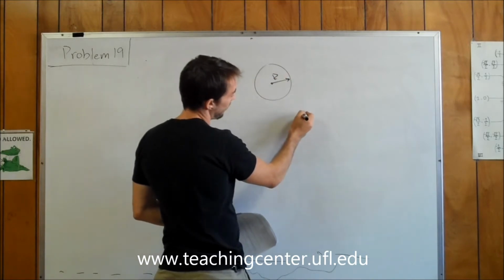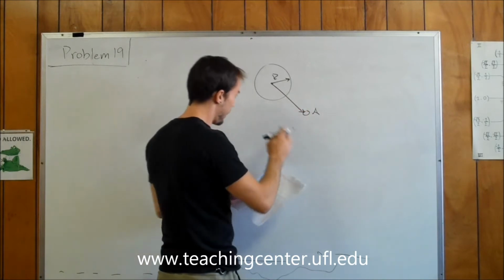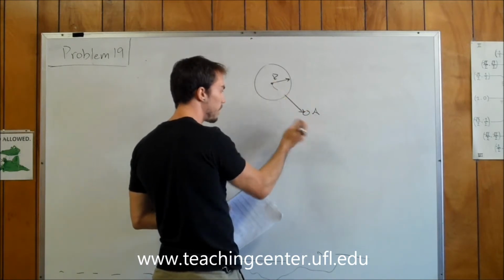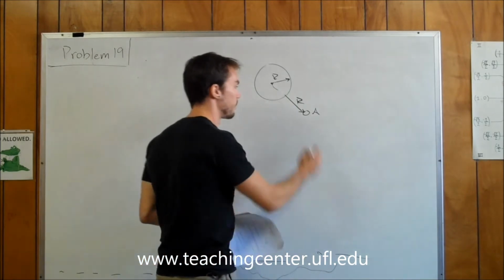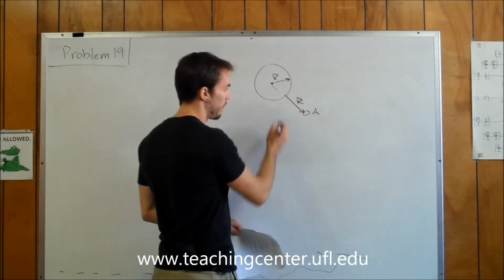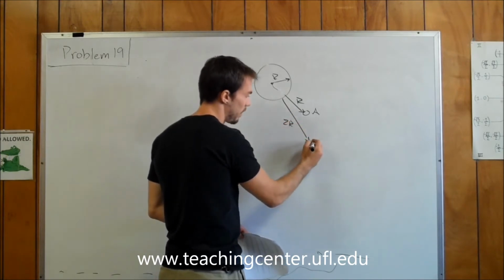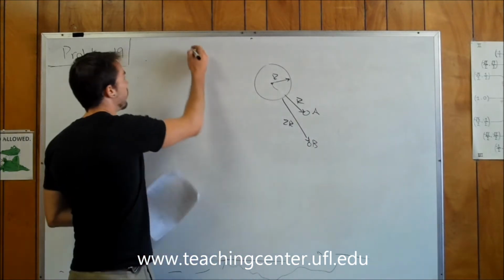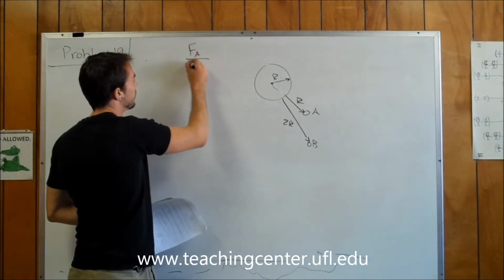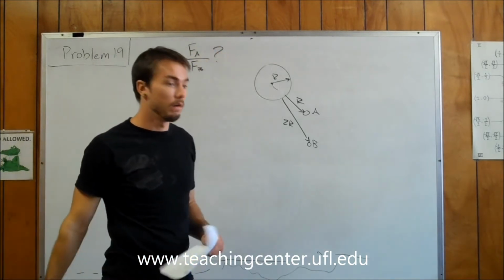We have one satellite, A, at a distance from the surface of the planet of r, and we have another one at a distance 2r, B. They want to know basically FA over FB. So that's what we're going to be solving for.